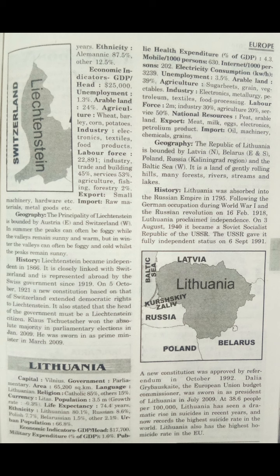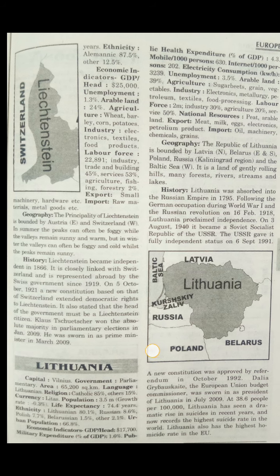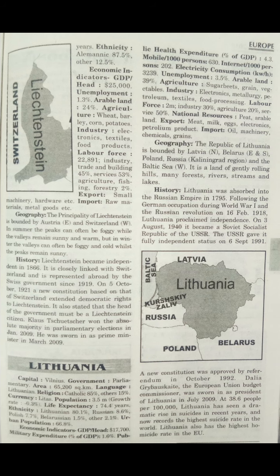Labor force 22,891, industry, trade and building 45%, services 53%, agriculture, fishing, forestry 2%. Export small machinery, hardware, etc. Import raw materials, metal, goods, etc. Geography.